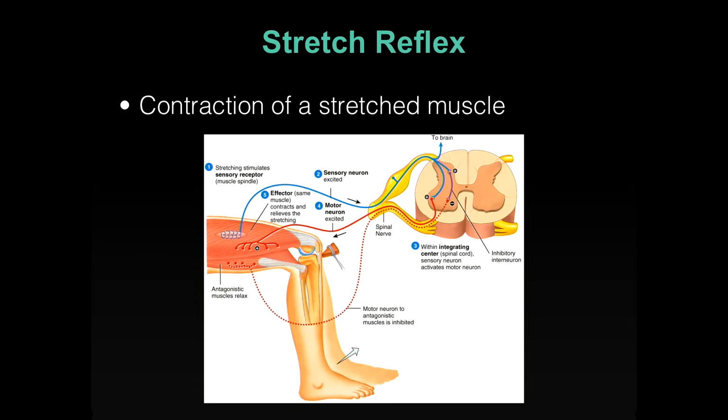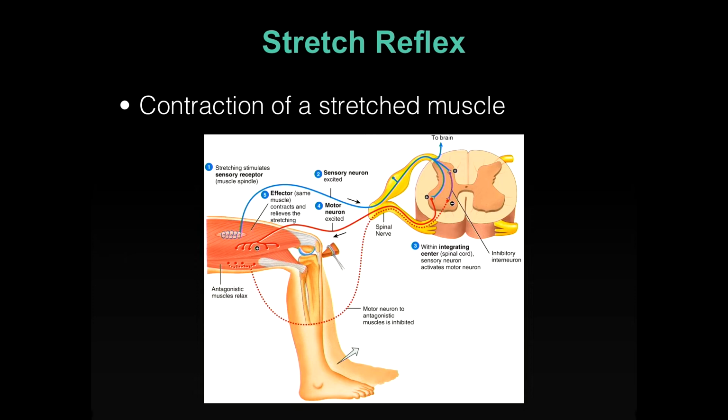And this directly determines the length of a muscle, and importantly, the rate of change of the length of that muscle. How quickly is it lengthening or shortening? But in the case of the stretch reflex, it's how quickly is it lengthening. The muscle spindle is activated when it extends or lengthens very quickly.